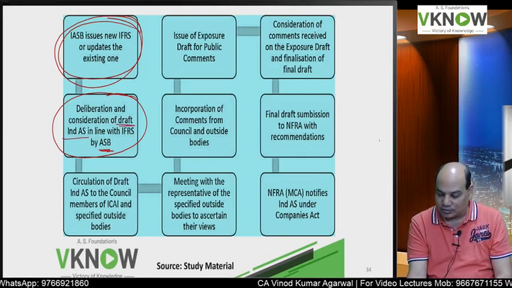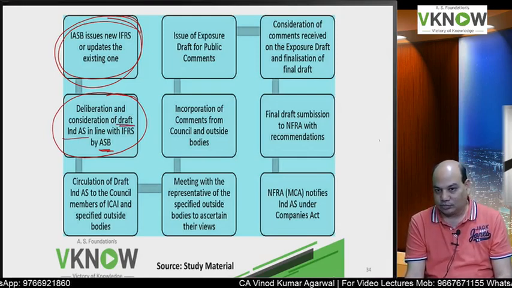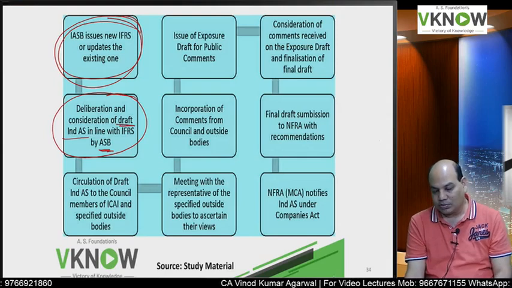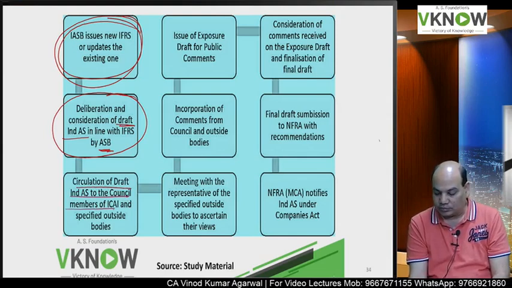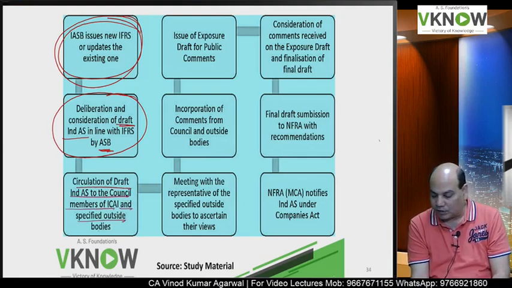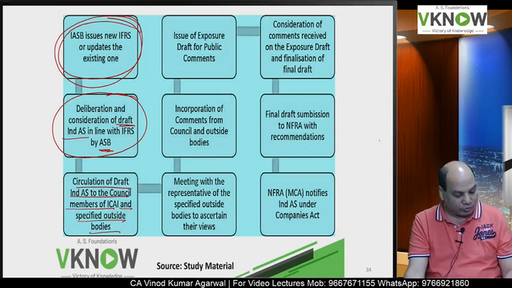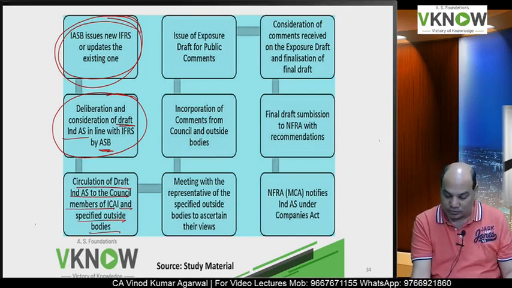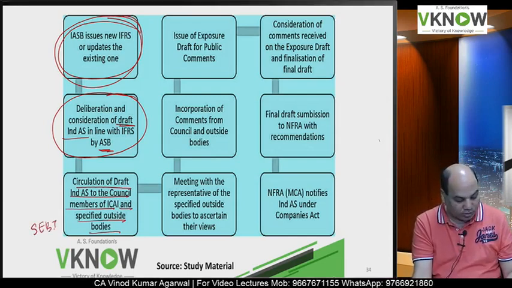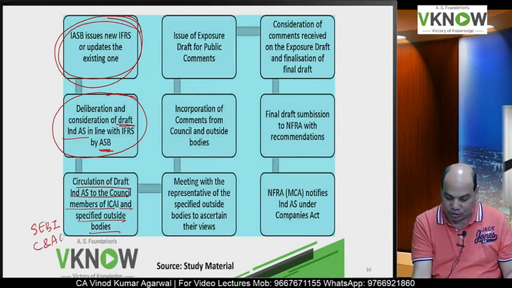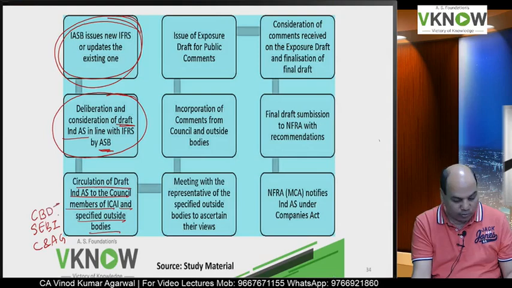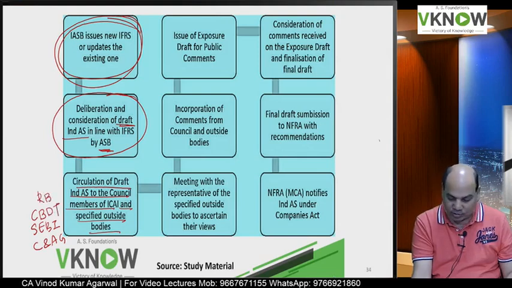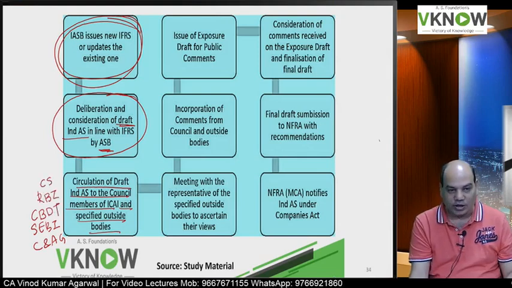Draft means their first version, not the final version, which is based on IFRS, and then it is circulated to the council members of the ICAI and also specified outside bodies like SEBI, then C&AG, Comptroller and Auditor General, CBDT, Central Board of Direct Taxes, even RBI, Company Secretary Institute.